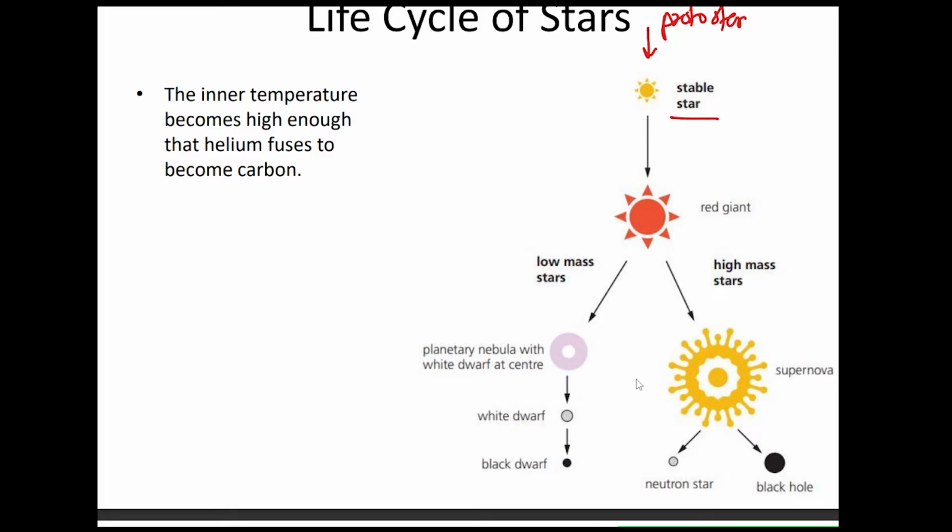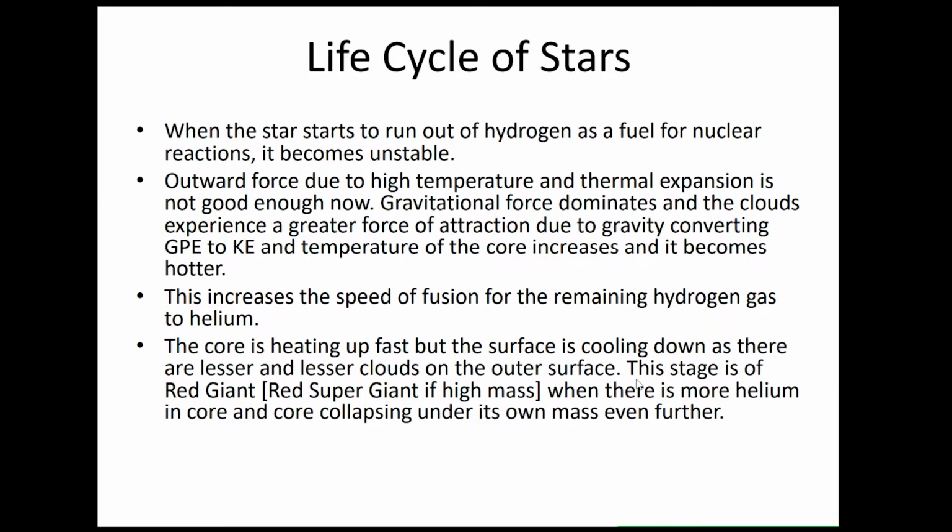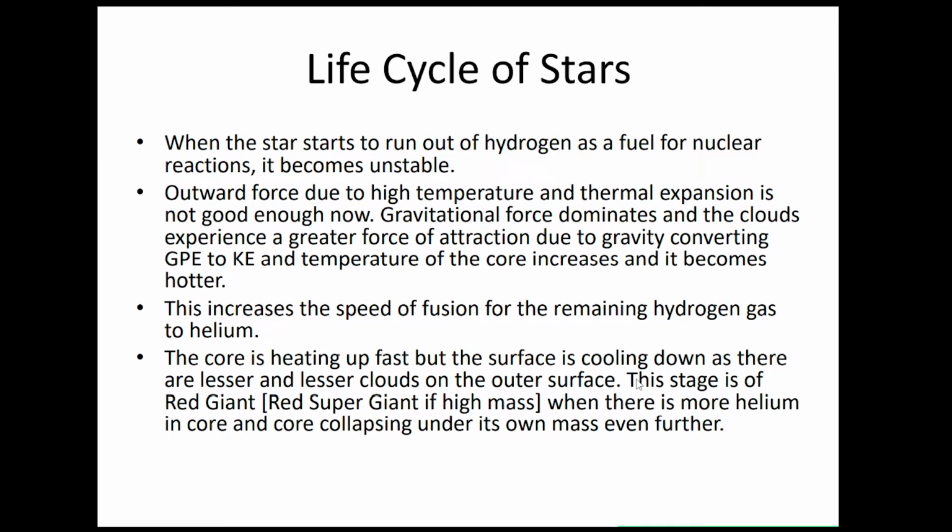Now the star becomes unstable. The question is, why does it become unstable? As the star keeps on living, it starts running out of hydrogen, because hydrogen is the fuel of the star, right? So now the outward force due to high temperature and thermal expansion is not good enough.